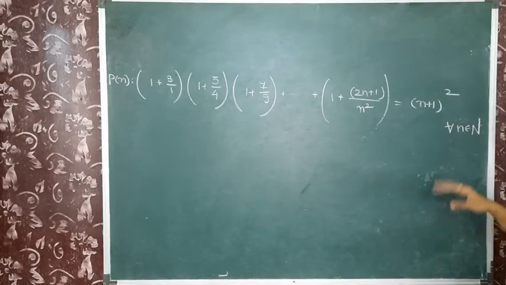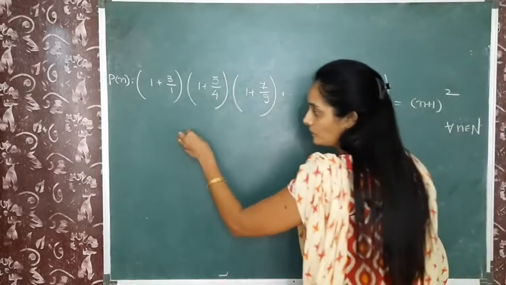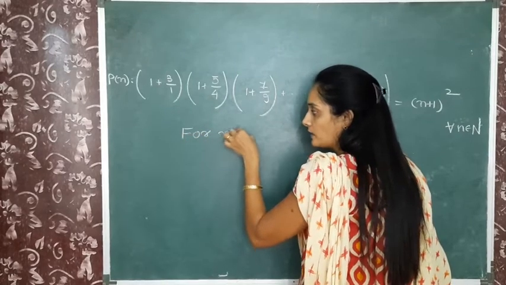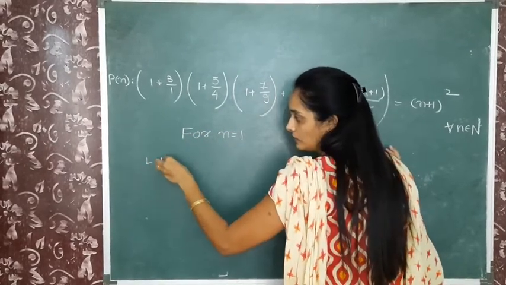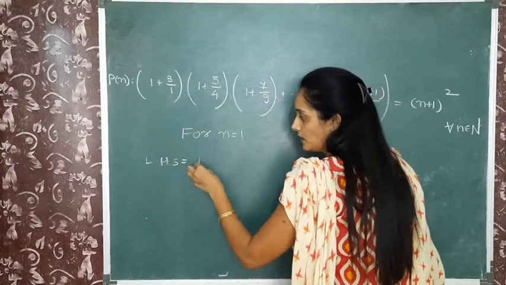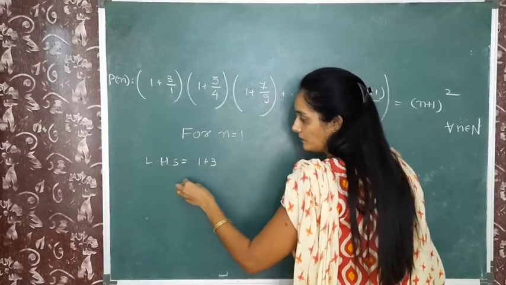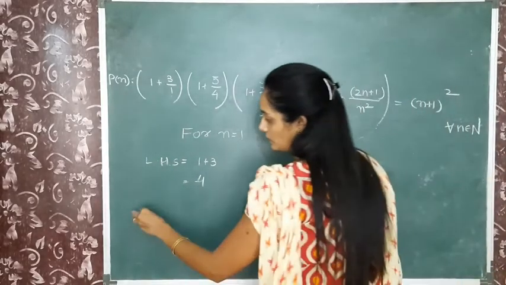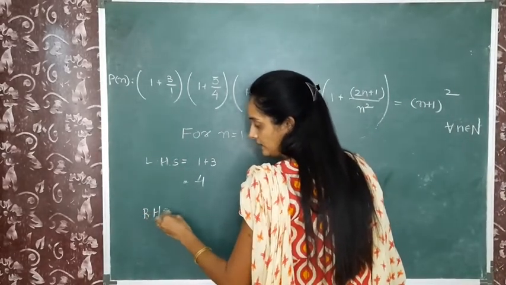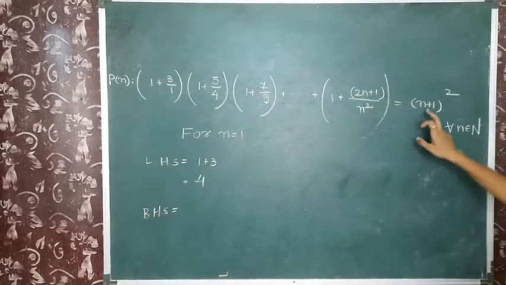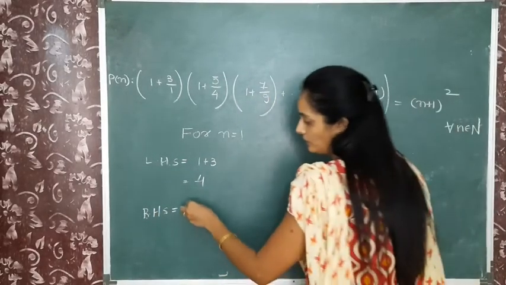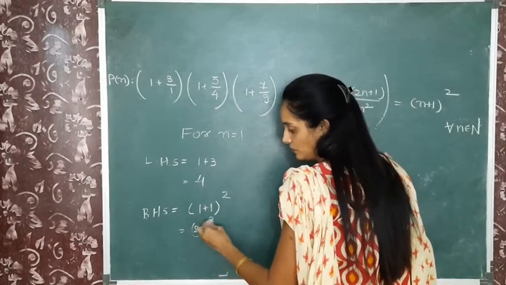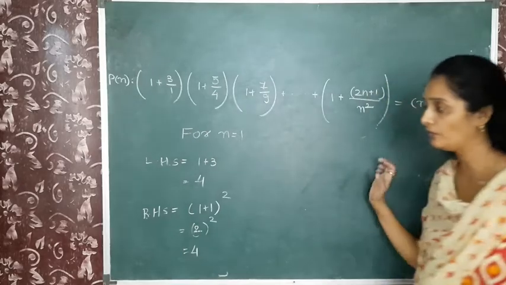Okay, first we prove P of 1 is true. So for n is equal to 1, left hand side is equal to 1 plus 3, which is 4. For the right hand side we replace n by 1, so (1 + 1) whole square, so 2 square, so 4.